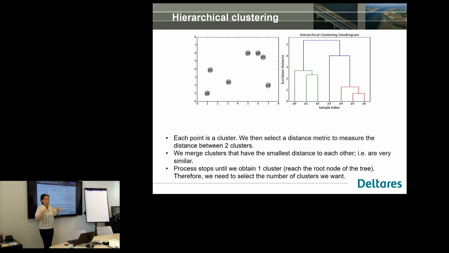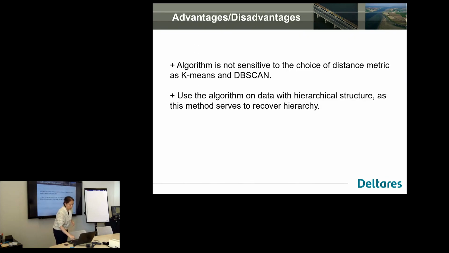So while in k-means you just set the number of clusters as an input, and you get that number of clusters as an output, here you can have different numbers of clusters, and then depending on what you want to see, you can say, okay, I want 2 or 3 clusters or 5 clusters. An advantage is that this algorithm is not sensitive to the choice of distance metric.